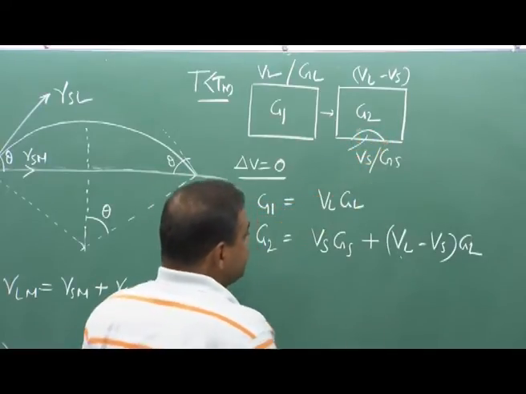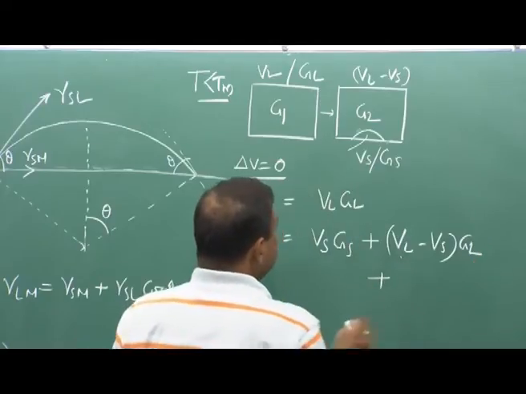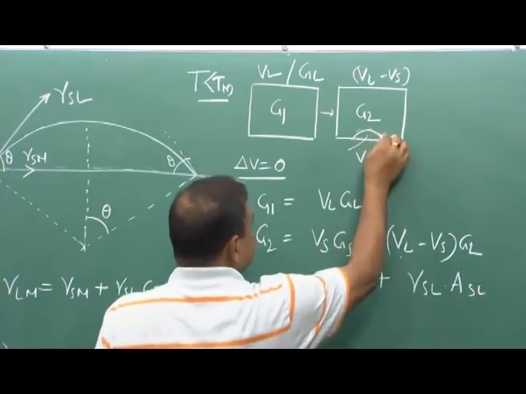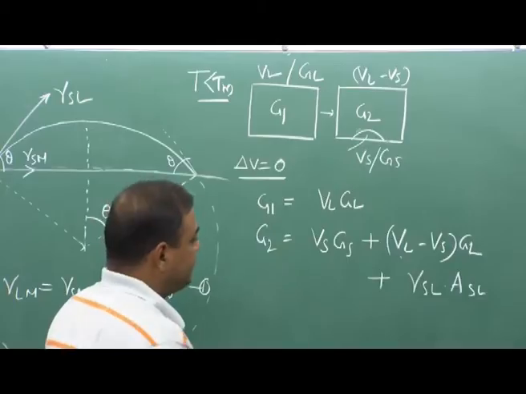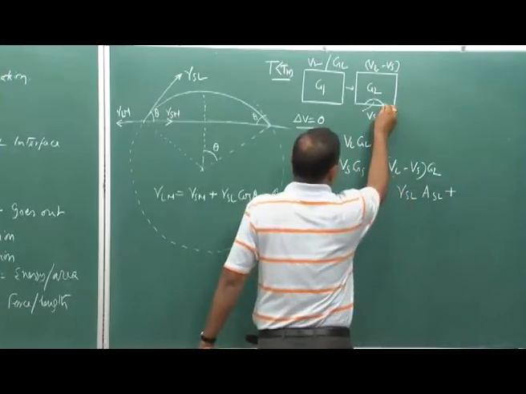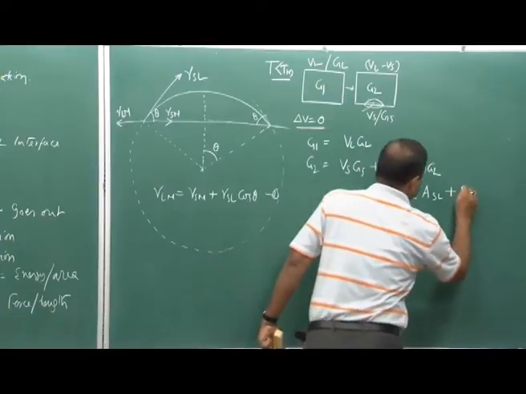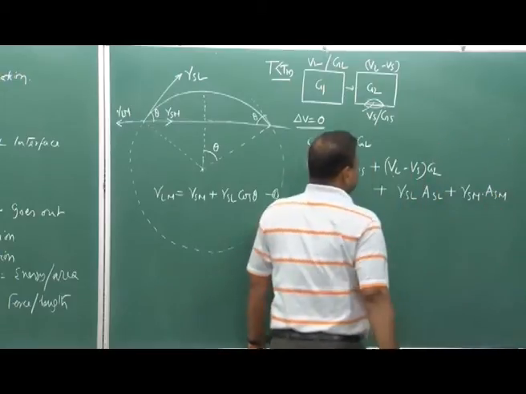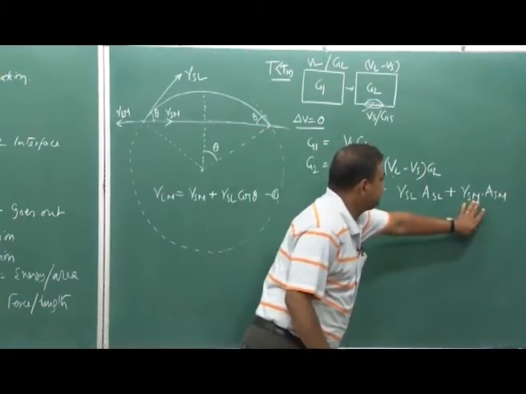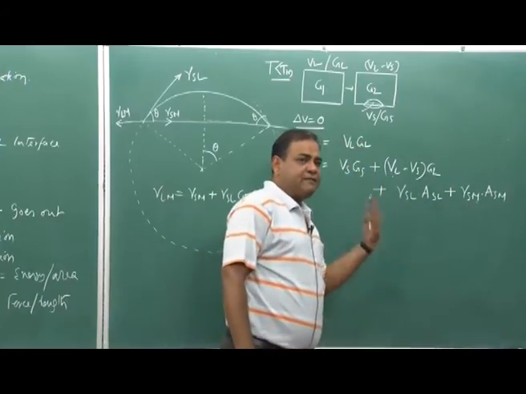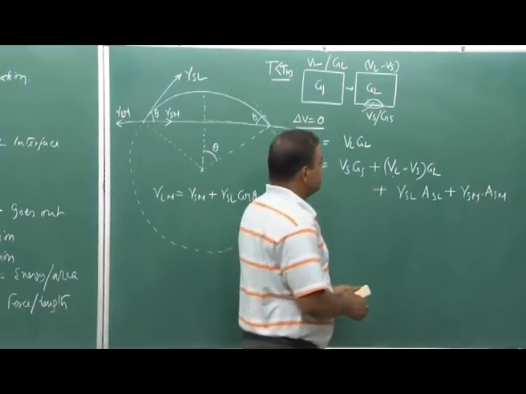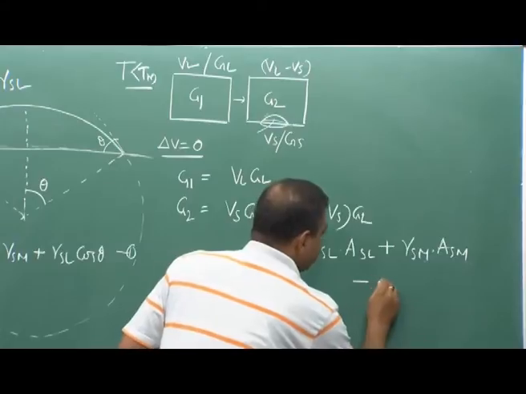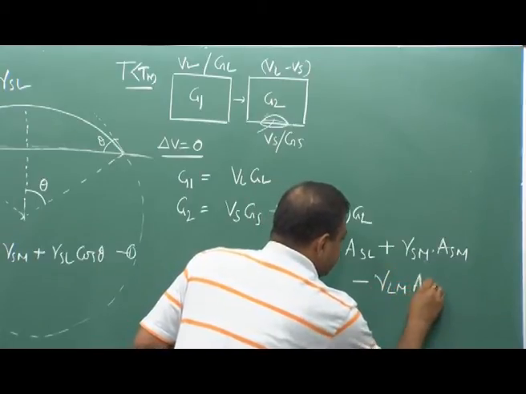So, there would be two interface contributions: one is gamma S L into A S L, the surface area of this lens, plus you are creating this interface also, gamma S M and A S M. Now, this interface is replacing the previous liquid metal interface. So, the area would be the same as this, but the interface energy would change: minus gamma L M A S M.